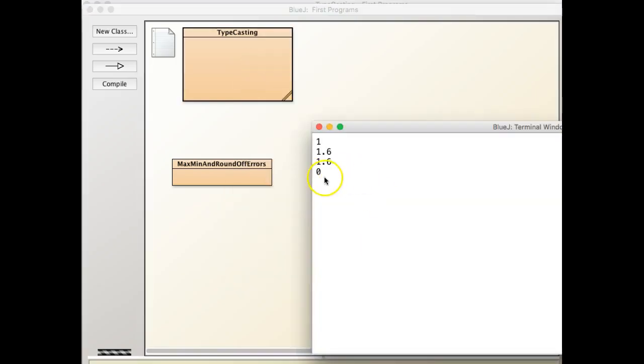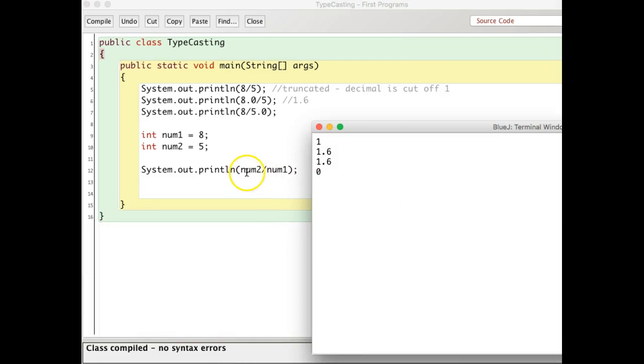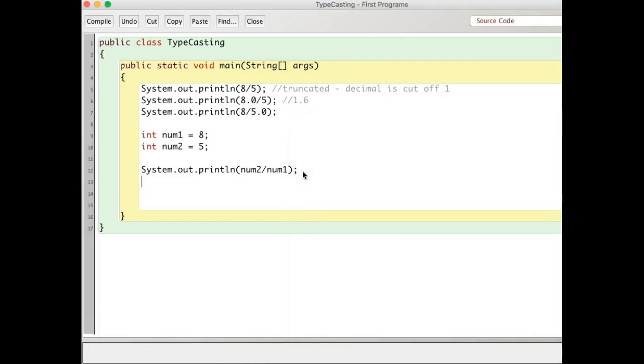So what happens is you do get 0 in that case. Something like this, a small number divided by a large number, if they're both integers, will always be 0. So just be careful when you're doing math programs that you realize that when you're using numbers.